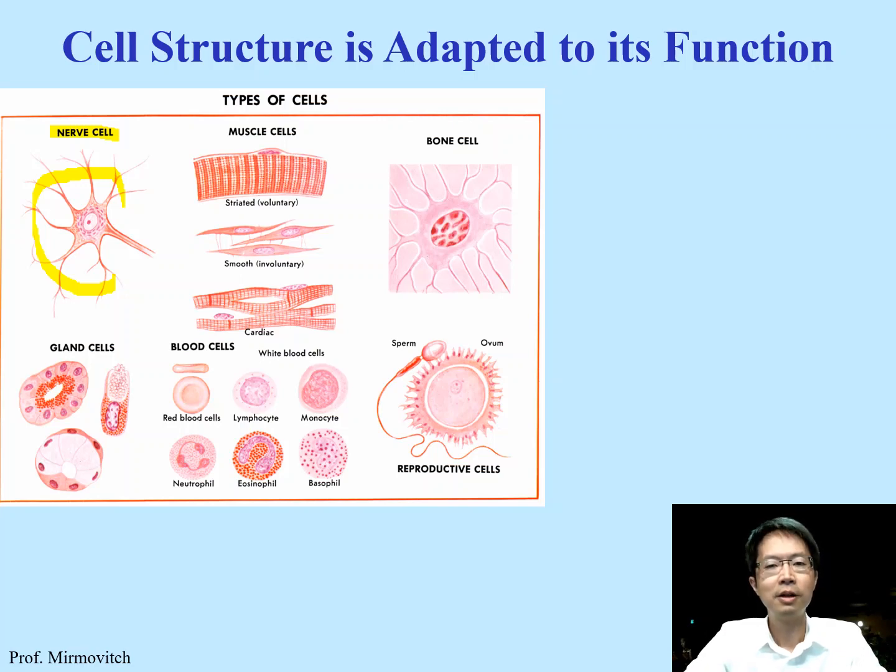Okay, time's up. Some of you may have come up with the idea that a tree has so many branchings because they want to grow leaves on all the branchings so that it will maximize the capturing of sunlight, correct? That is the reason why a tree has so many branchings. But for a neuron or nerve cell, why do we have so many branchings called dendrites? Similarly, they want to maximize making connections with other neurons, with other cells. So the more nerve cells connect to each other, the smarter you are.